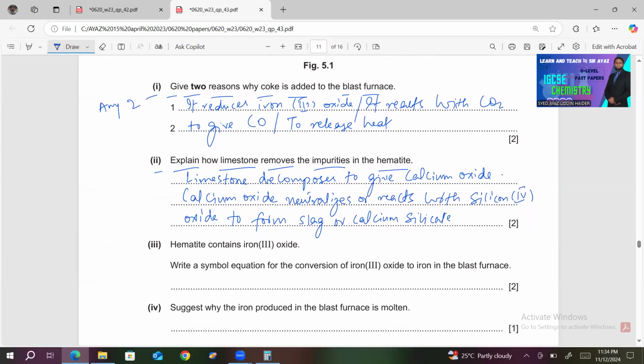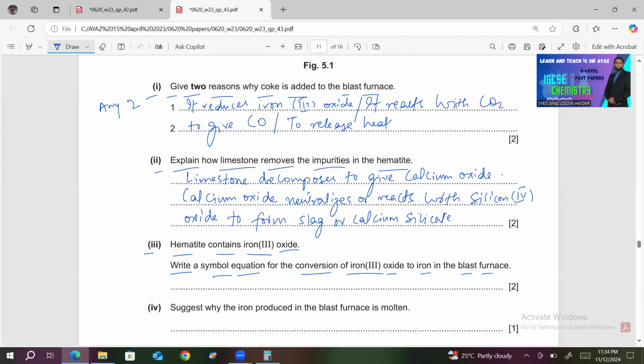Part 3. Hematite contains iron(III) oxide. Write a simple equation for the conversion of iron(III) oxide to iron in the blast furnace. So it must be reacting with a reducing agent. You can have either carbon monoxide or carbon as the reducing agent.